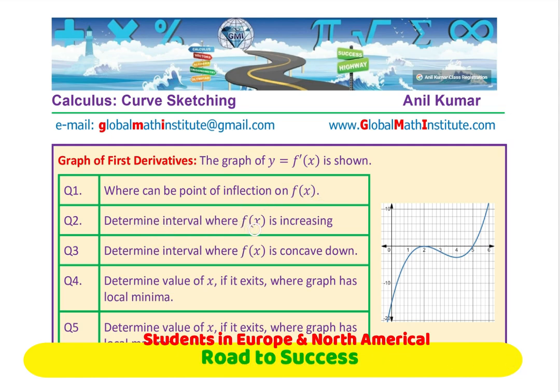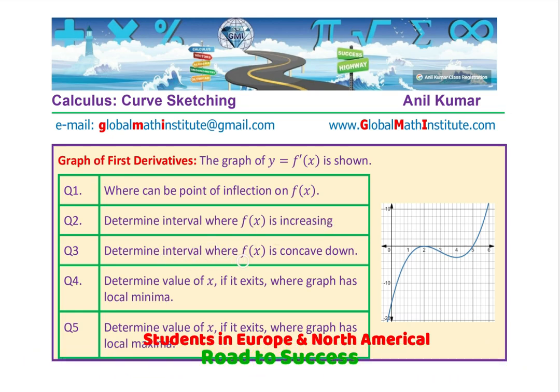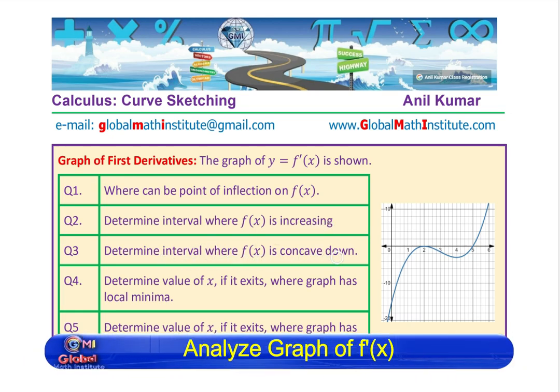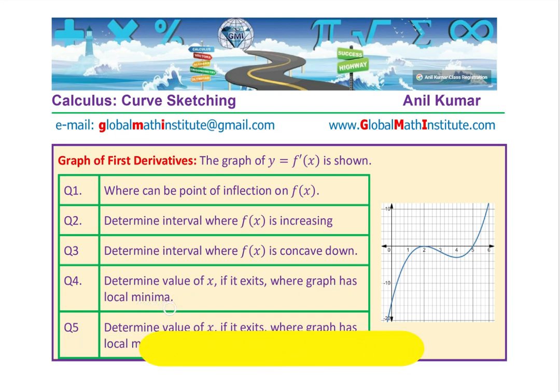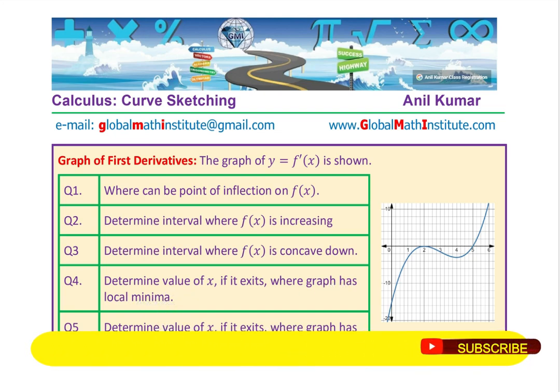Determine the interval where f of x is increasing. Determine intervals where f of x is concave down. Determine values of x, if they exist, where the graph has local minima. Determine values of x, if they exist, where the graph has local maxima.